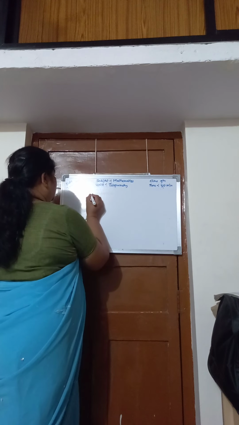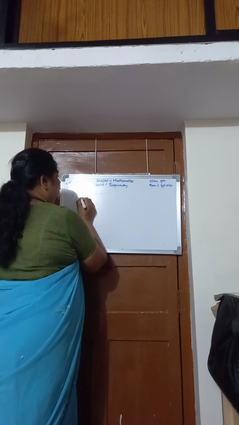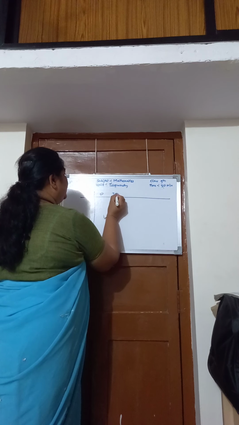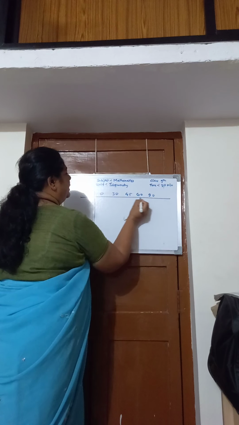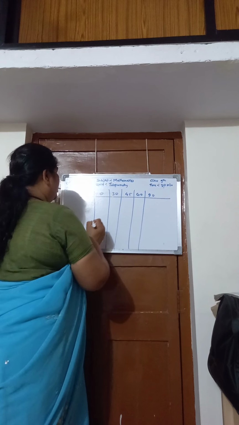We have to see here. We can take here the angles: 0 degree, 30 degree, 45 degree, 60 degree, 90 degree. We have to make a chart.